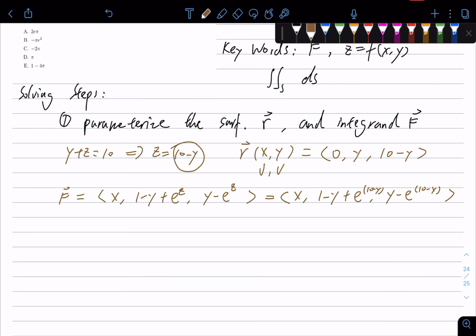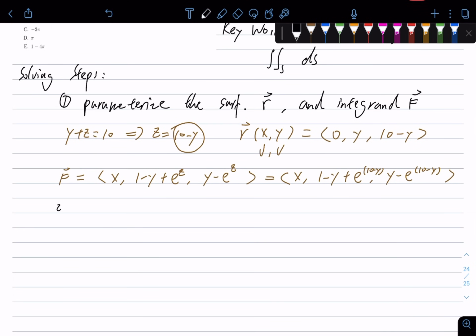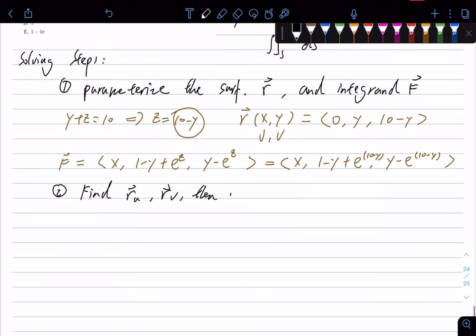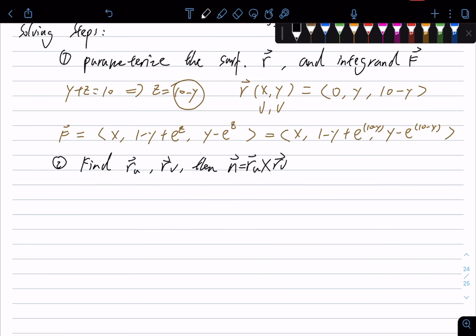Okay, and then the second thing that we need to do is to find r_u, the partial derivatives, r_v, then n equals r_u cross product with r_v. For implicit surfaces, it's a kind of tedious way to do it because I have to do the partial derivatives and then take the cross product. But for an explicit surface, life is a little bit easier.